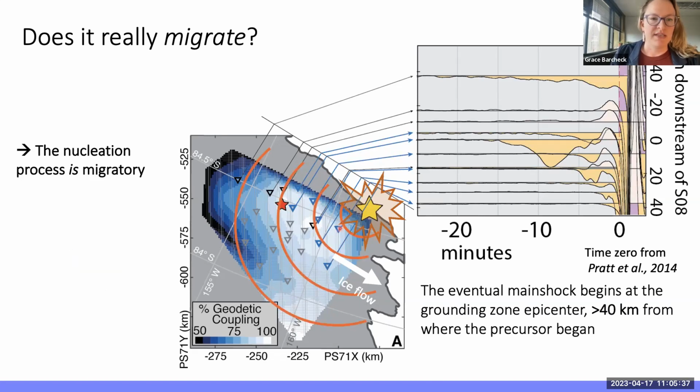And so this eventual epicenter, this yellow star, is more than 40 kilometers away from where the first little broadband seismic wiggle starts. So this is pretty good evidence that there is actually a migratory component of how the slow slip triggers these earthquakes to start, these glacial slip events to start.